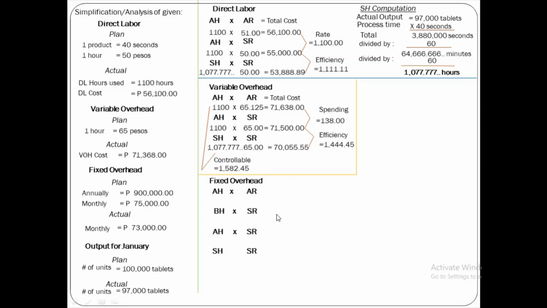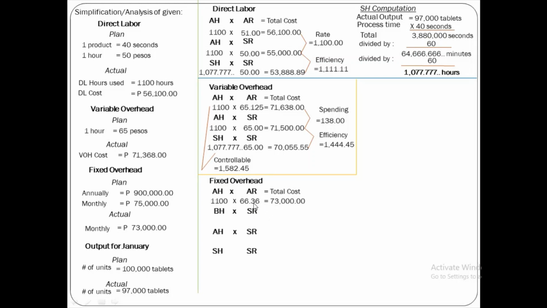So let's supply some numbers. So the actual hours is 1,100. The actual rate is 66.36. And the total cost is 73,000. Actually, the 66.36 has not been given. It has been derived by dividing 73,000 by 1,100.